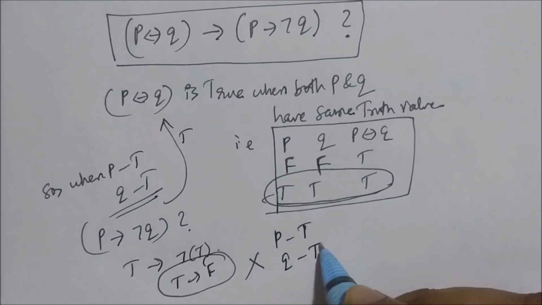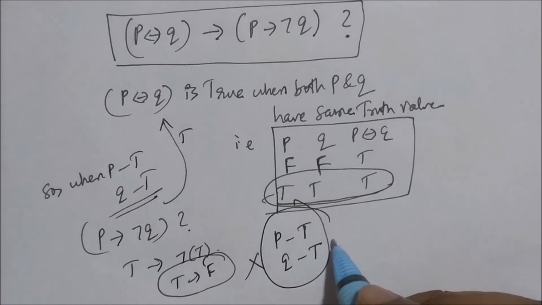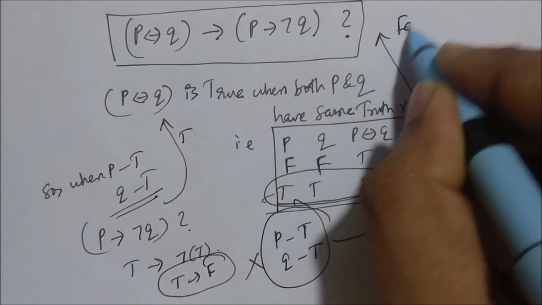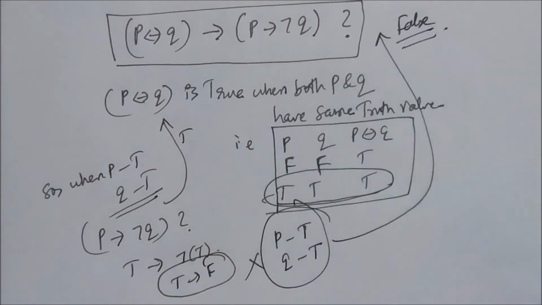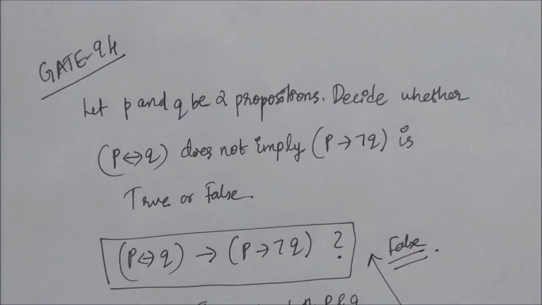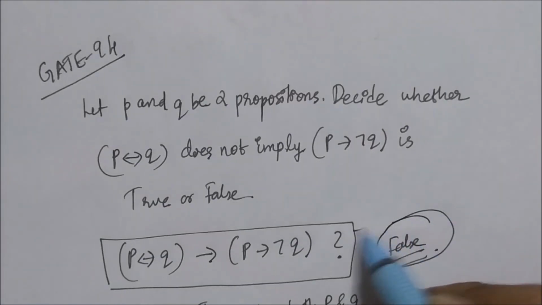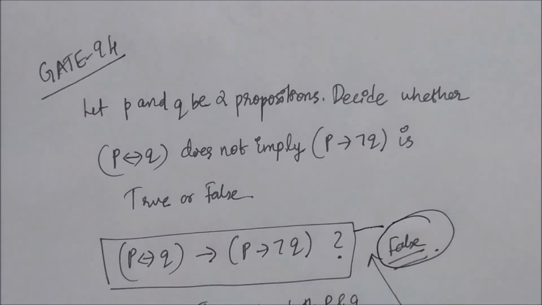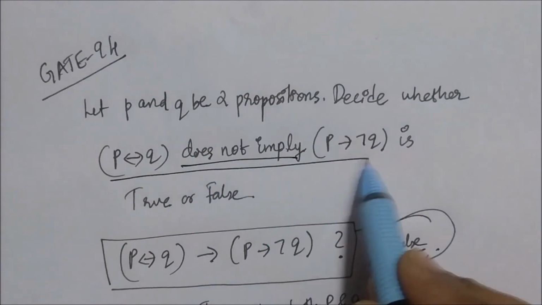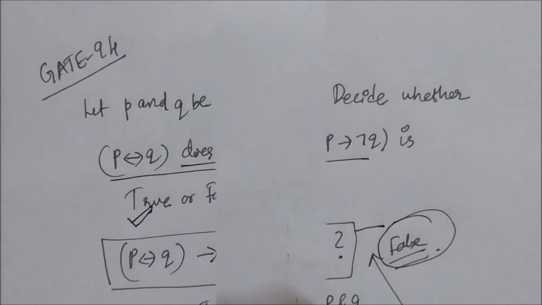So the whole conditional statement, P if and only if Q implies P implies not Q, is false here. And because it is false, it means that P if and only if Q does not imply P implies not Q is true.